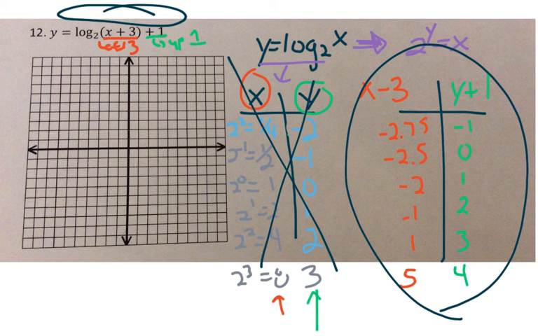So I plot these points: -2.75, -1, -2.5, 0, -2, 1, -1, 2, 1, 3, and 5, 4.